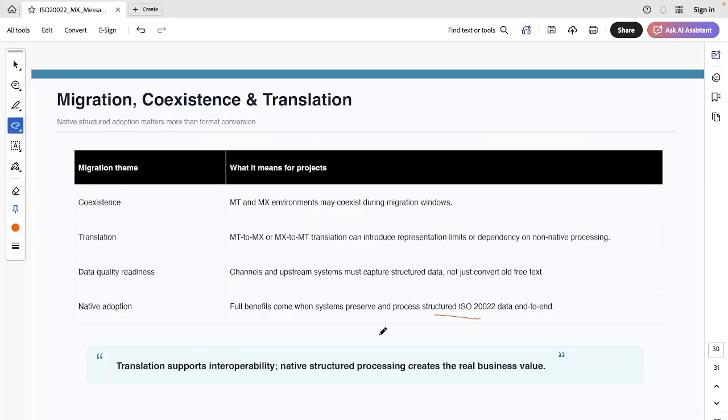The message to project teams is very simple. Do not celebrate only because the XML file was produced. Celebrate when the right business data was captured, preserved, validated, consumed, and used to create better automation, compliance, and customer service.